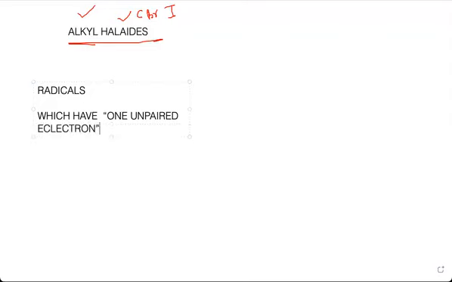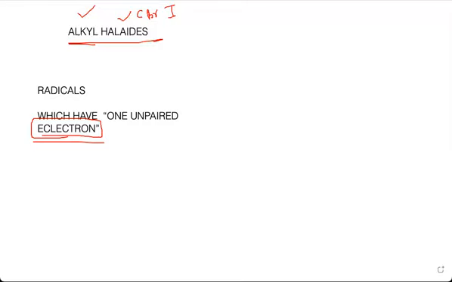Everything in the world which has one unpaired electron is called a free radical. Oh, I have made a mistake in the spelling of electron. You can correct it yourself.